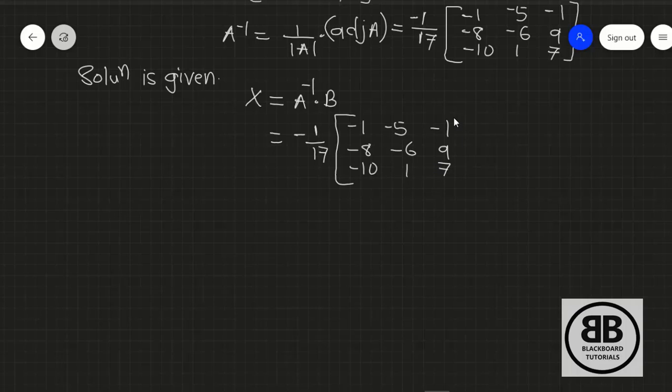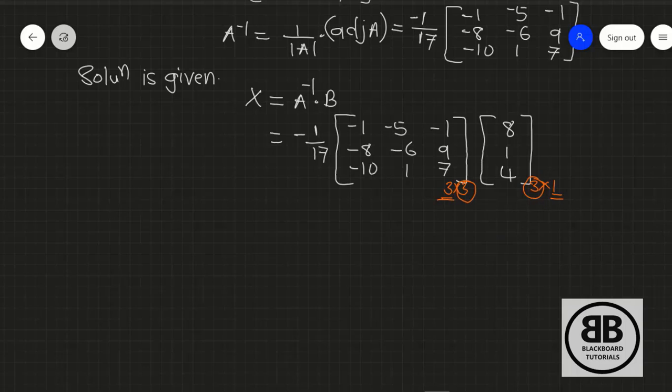This is A inverse. And B is our constant matrix. So that constant matrix was 8, 1 and 4. Now here we know that this is 3 by 3 matrix and this is 3 by 1 matrix. So number of columns is equal to number of rows, means matrix multiplication is possible, and the resultant matrix will be of order 3 by 1.